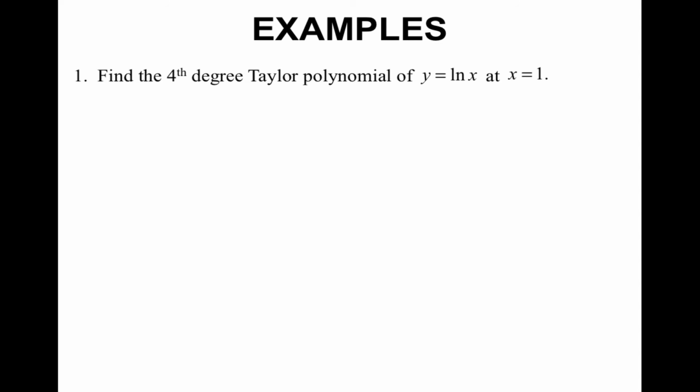So let's look at some examples. We want to find the fourth degree Taylor polynomial of y equals ln x at x equals 1. I am taking y equals ln x, and since I want fourth degree, I'm going to need to go all the way to the fourth derivative. So I find the first derivative, the second derivative, the third derivative, and the fourth derivative.